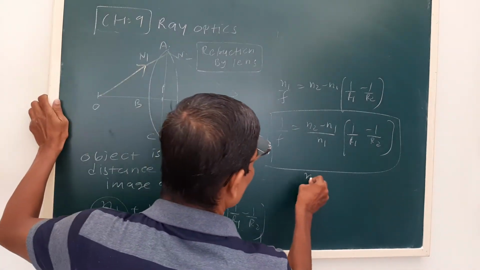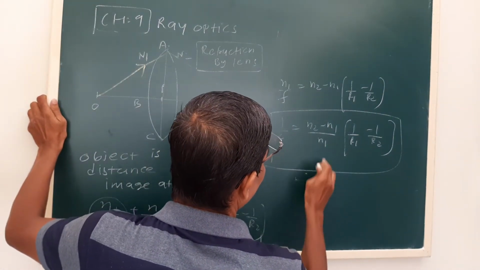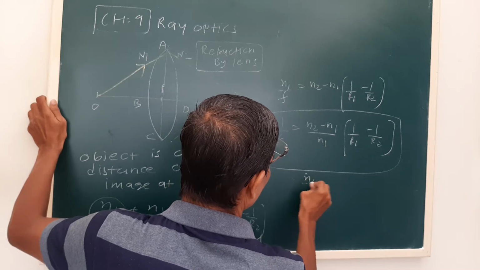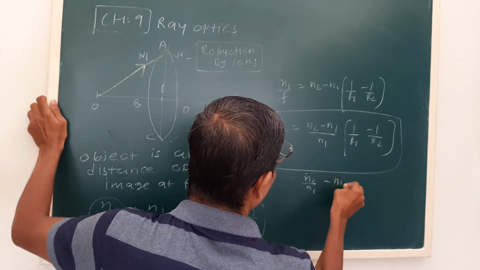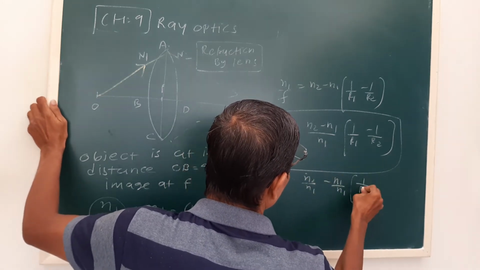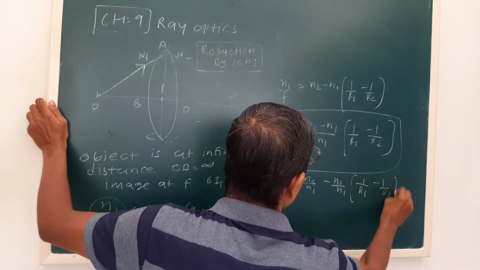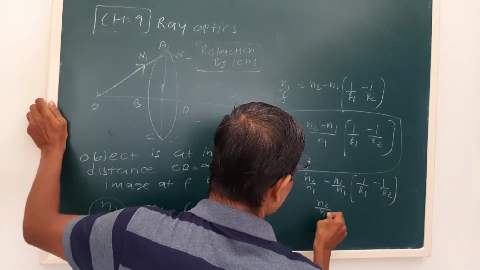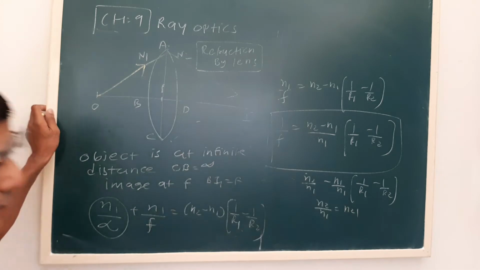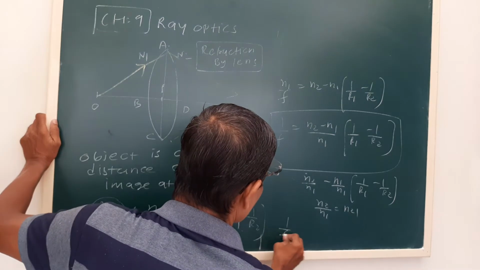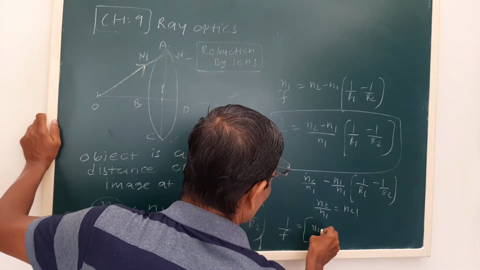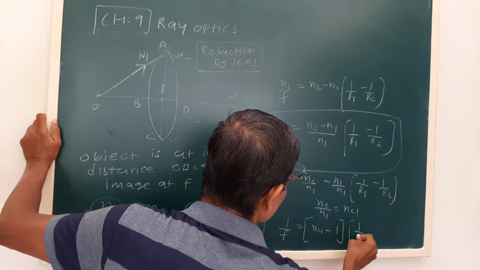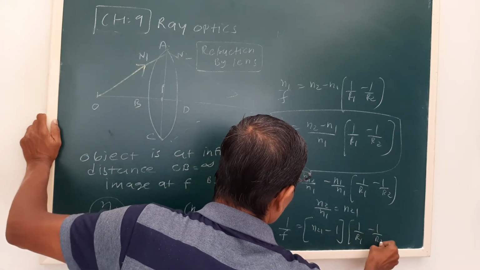Now see, this n2 upon n1 we can write as n2 upon n1 minus n1 upon n1. Now n2 upon n1 is n21, that is the refractive index of the material, 1 by f, we can write n21 minus 1, see, 1 upon r1 minus 1 upon r2.